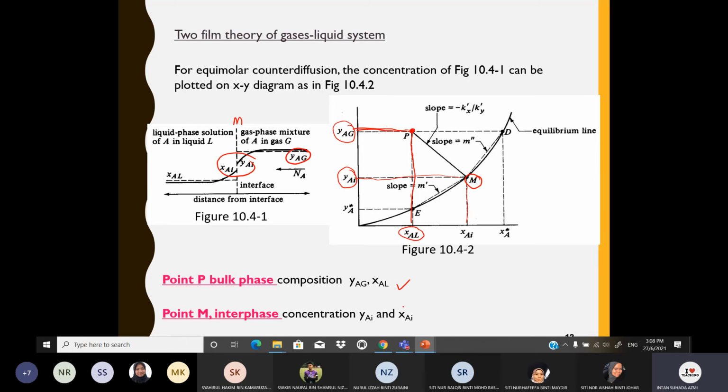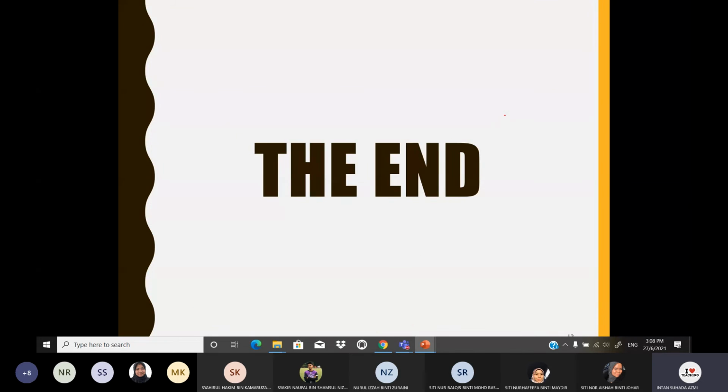For point M, YAI and XAI. The slope here actually applies the mass transfer coefficient, which we will learn in another subtopic.